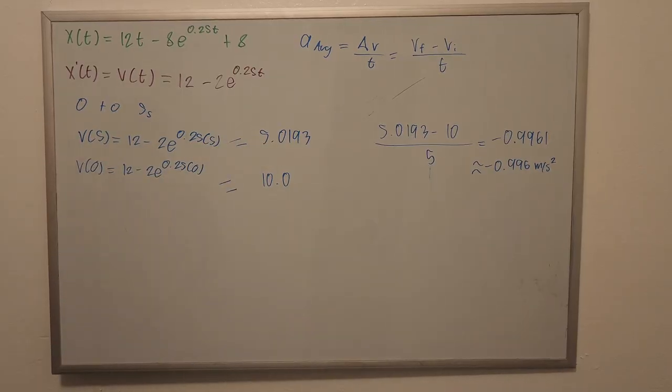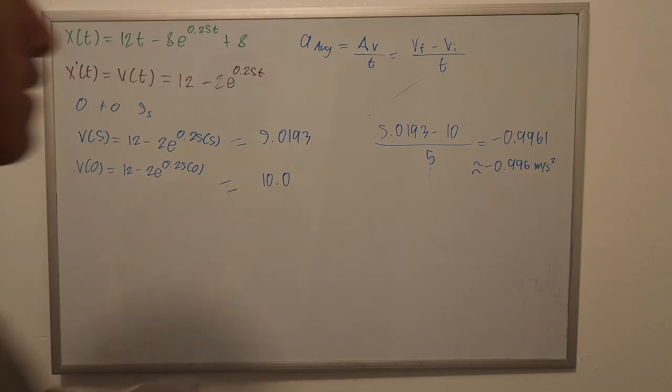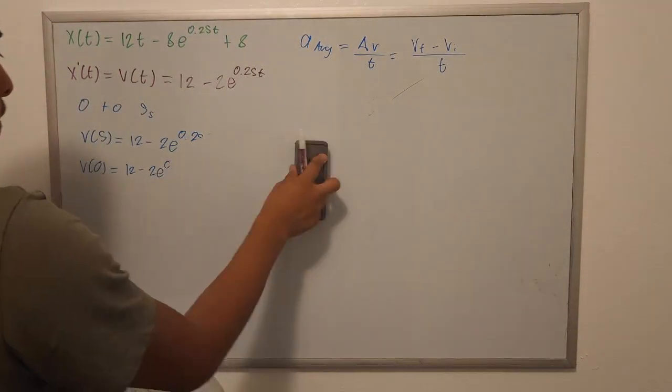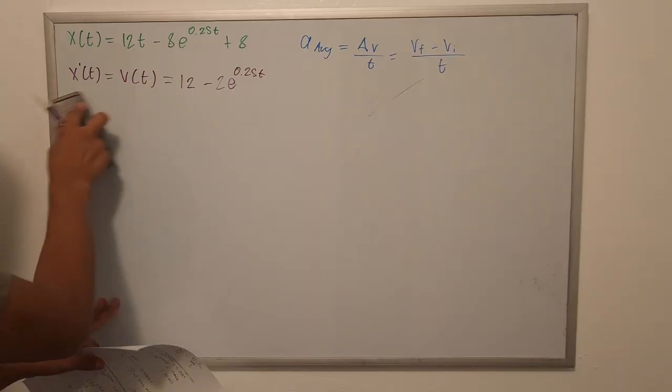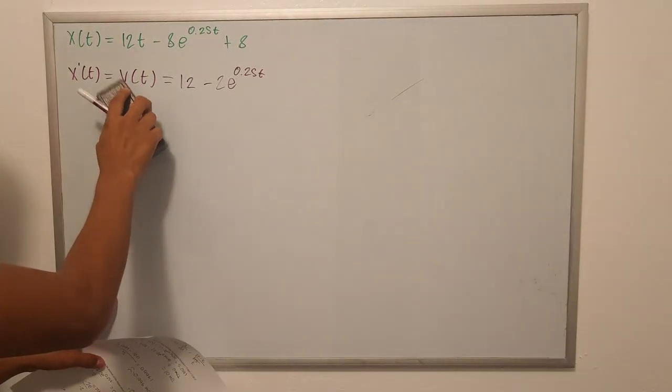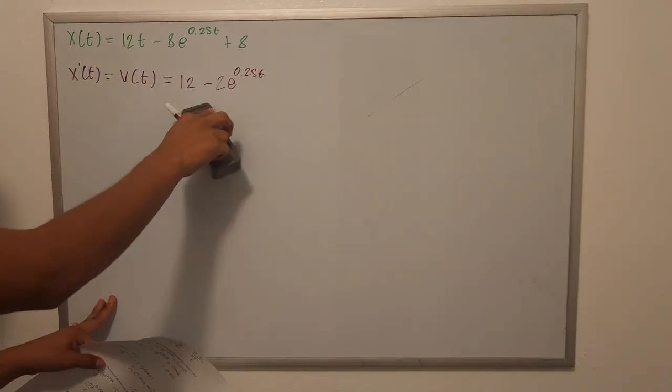And then the final part for this question is, what is the position of the object when its instantaneous velocity is equal to 0? So to do this last one, we're going to need the velocity equation.